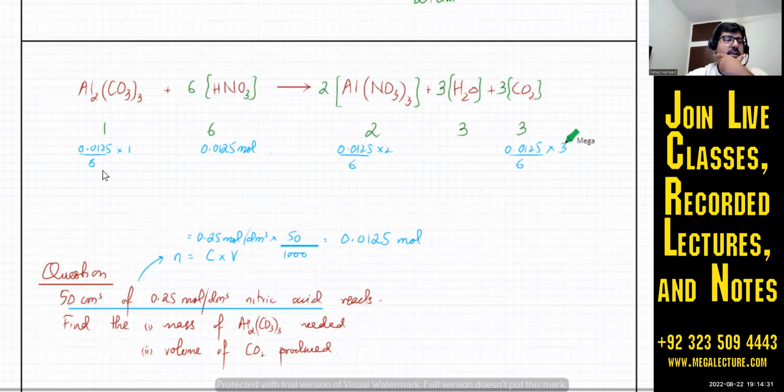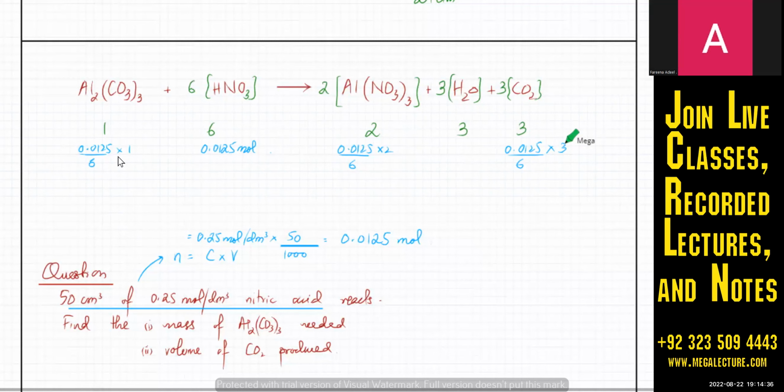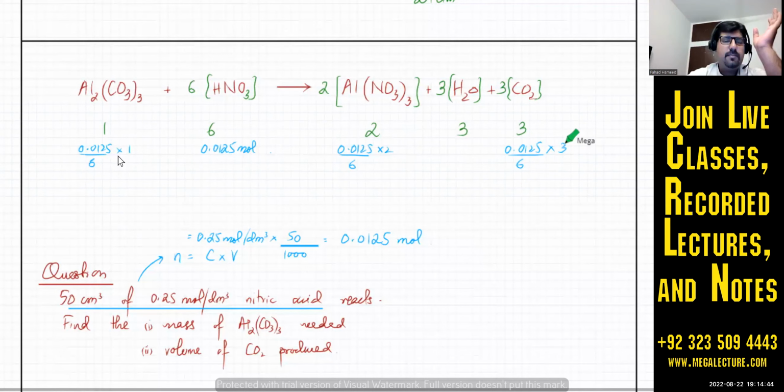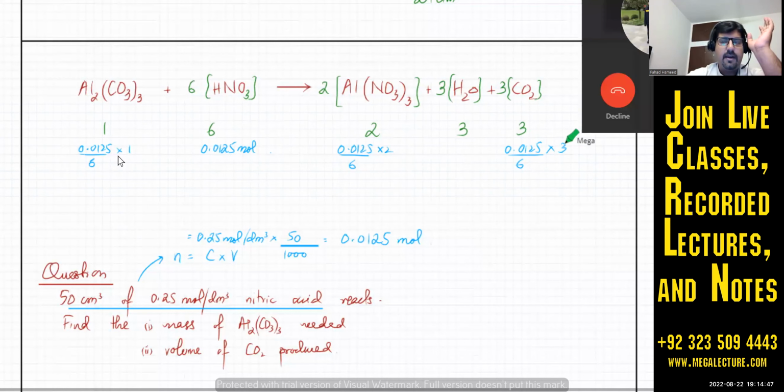How many moles did you get? Sir, for the first one, the mass of aluminum carbonate is needed. Why didn't we use the formula mass is equal to moles over? No, we are finding the moles right now.